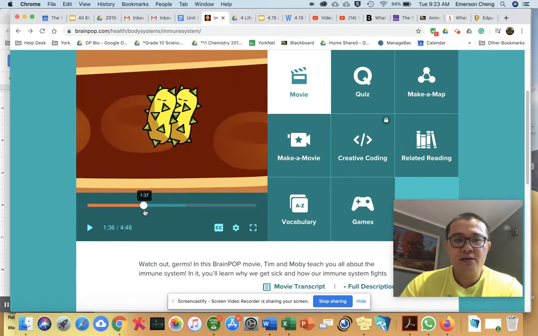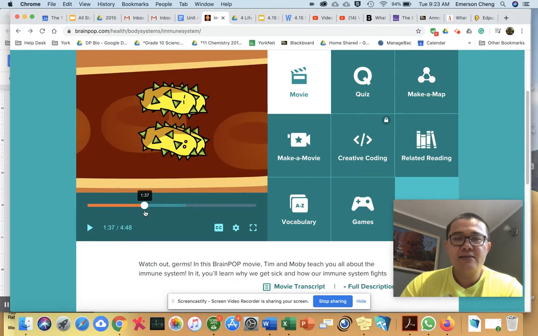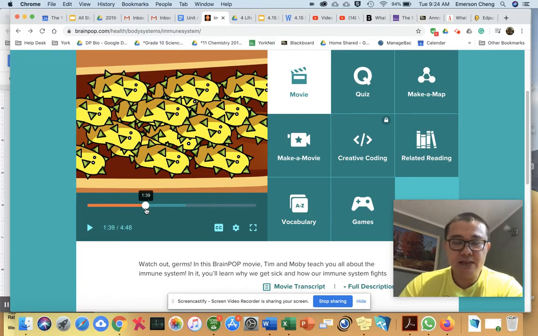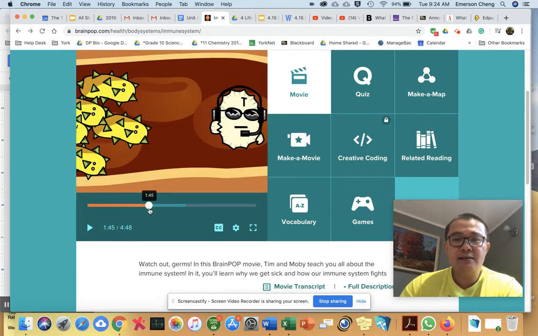However, it's not going to be fast enough, and it's not going to eat a lot of it. And so these bacteria and viruses will have time to multiply. And because they have time to multiply, we will start showing symptoms, between the time of the non-specific immunity and what is called specific immunity.